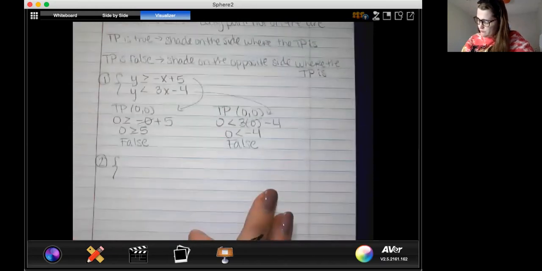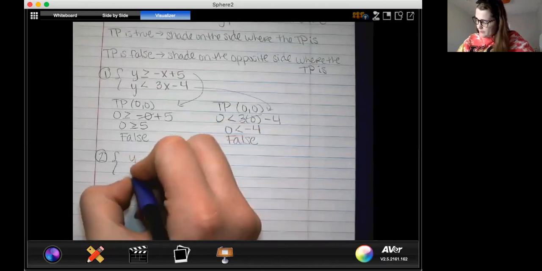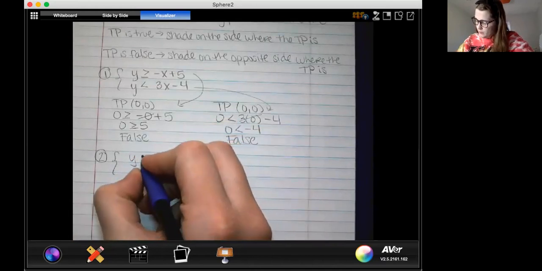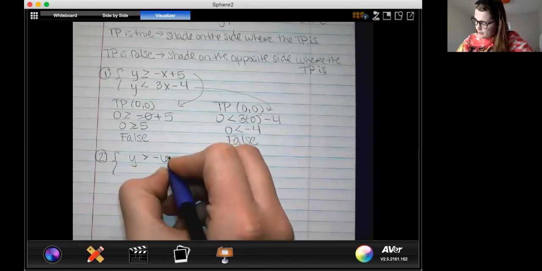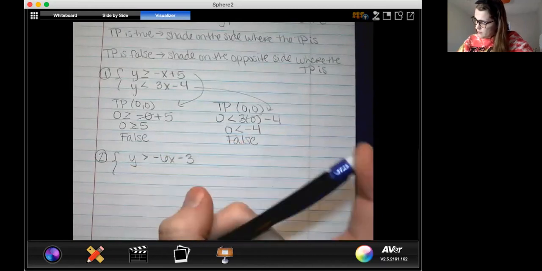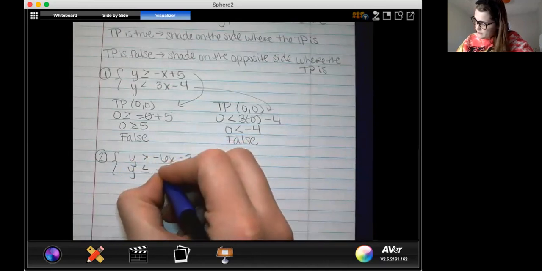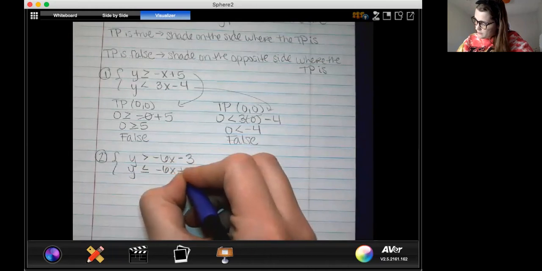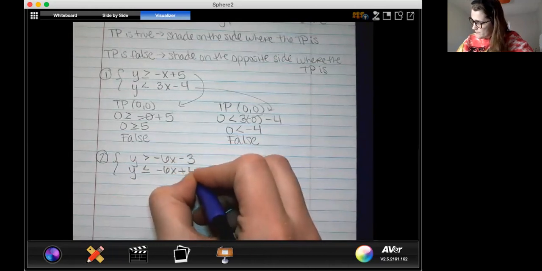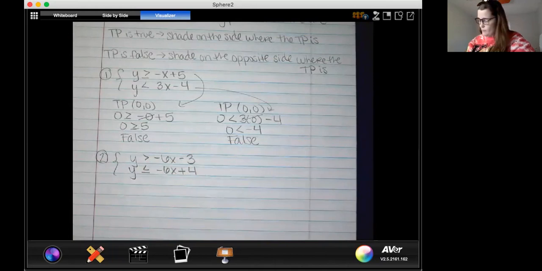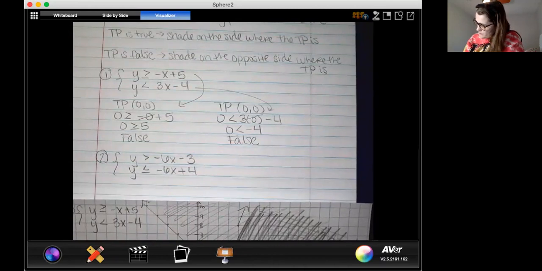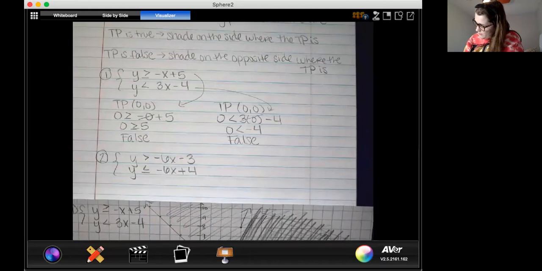Okay, number 2, we have y is greater than negative 6x minus 3, and y is less than or equal to negative 6x plus 4.